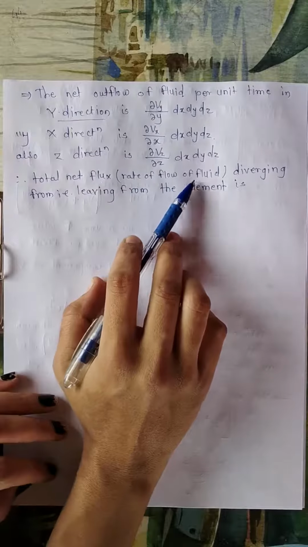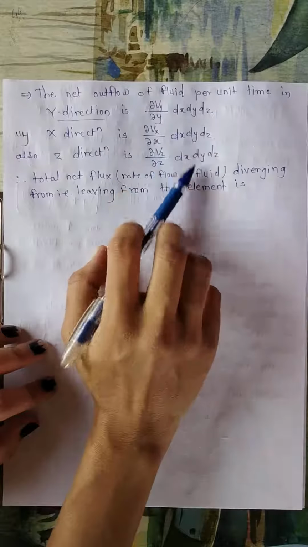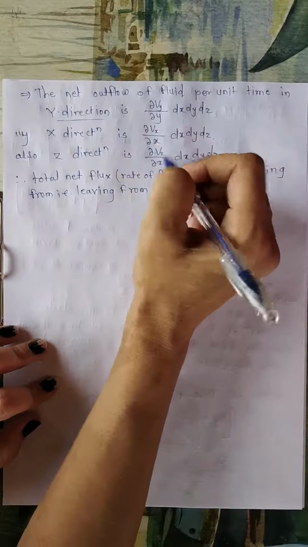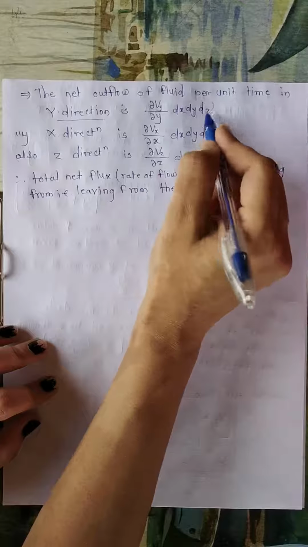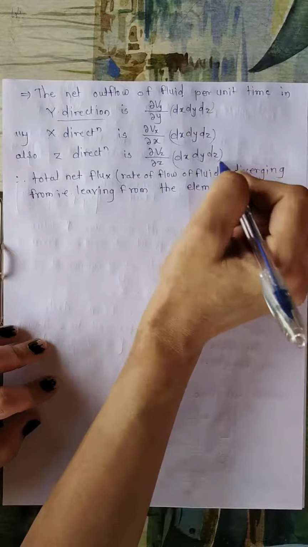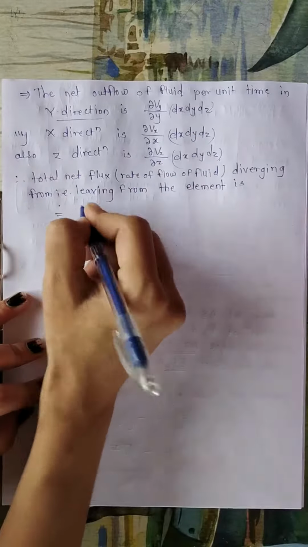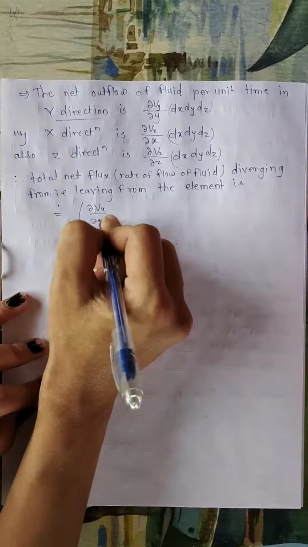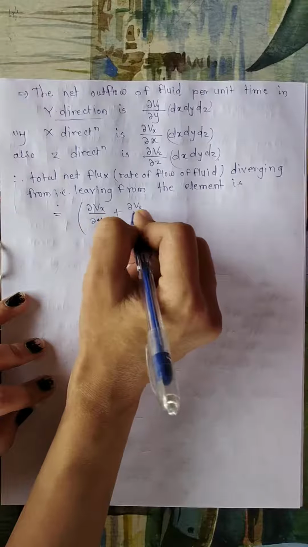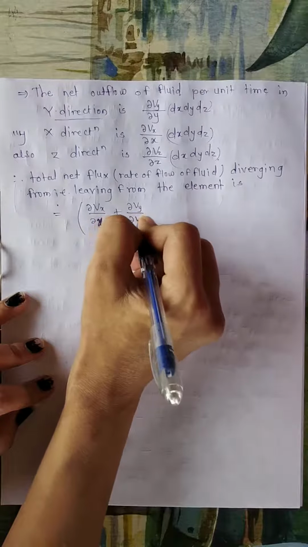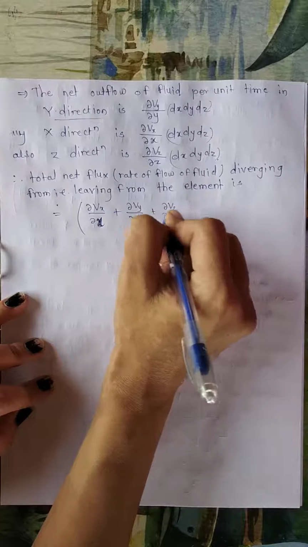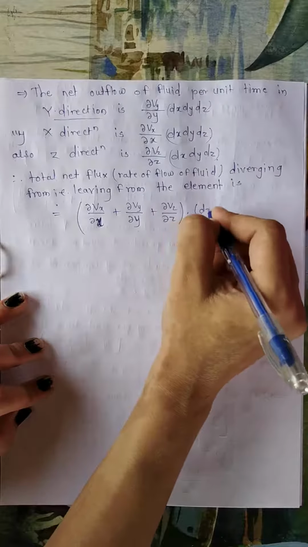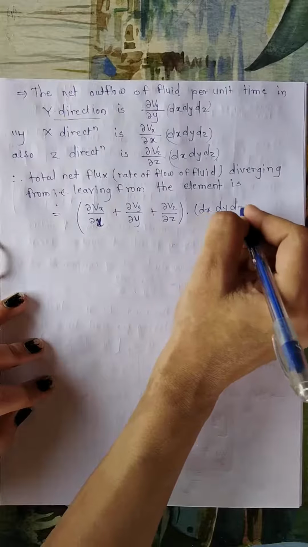So to calculate total flux, we have to take addition. If we add these three terms, I will take this dx, dy, dz common from this addition, and it will be equal to dou vx upon dou x plus dou vy upon dou y plus dou vz upon dou z into this common volume element dx, dy, dz.